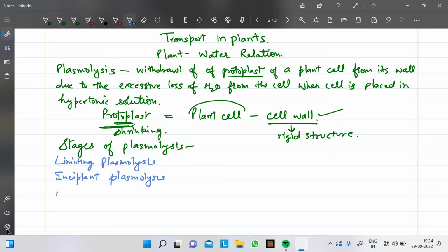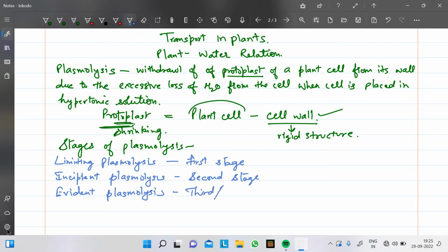Third one is evident plasmolysis. Limiting plasmolysis is the first stage, this is the second stage, and this is the third, or last, stage of plasmolysis. So I will discuss it with a figure. Just wait.